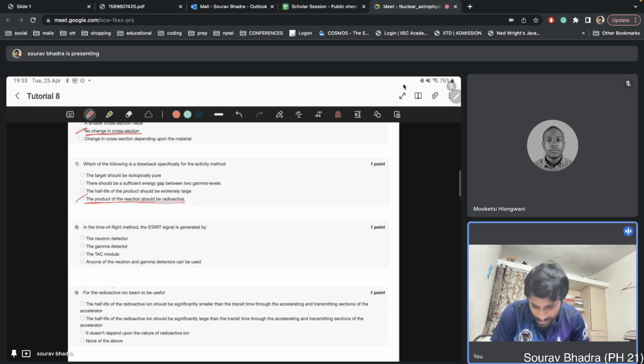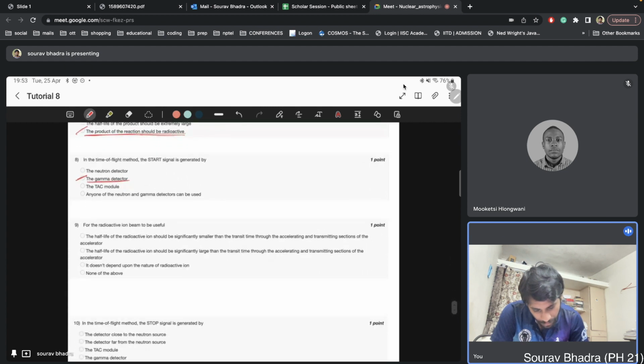Number 8: in the time of flight method, the start signal is generated by the gamma detector. The 9th one: for the radioactive ion beam to be useful, the answer will be B. The half-life of the radioactive ion should be significantly larger than the transit time through the accelerating and transmitting section of the accelerators.